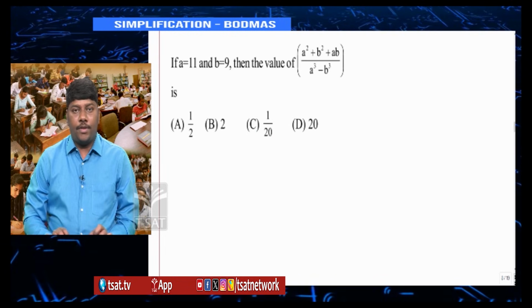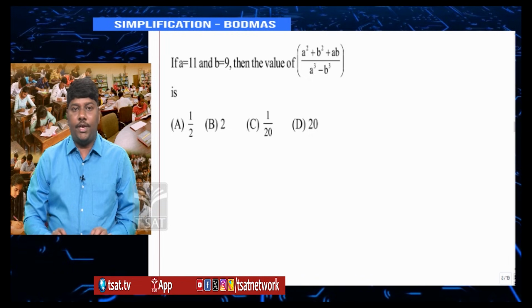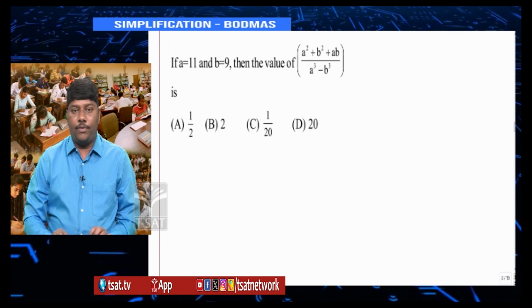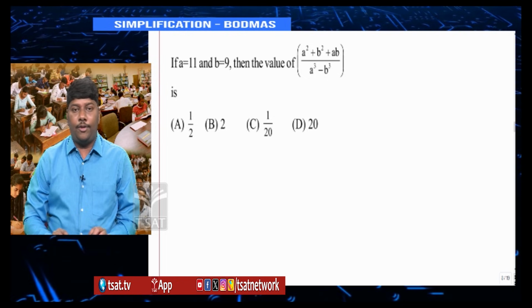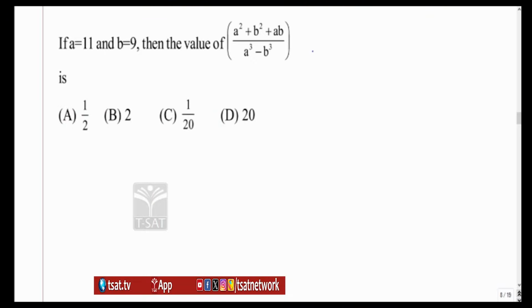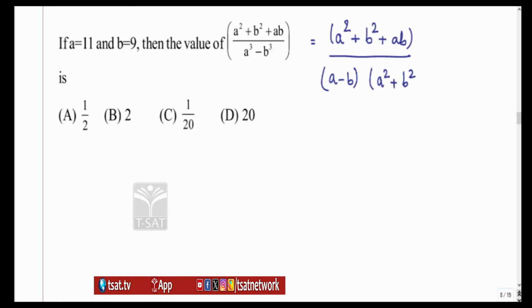Look at this sum. Here a is equal to 11 and b is equal to 9. Then what is the value of a square plus b square plus ab divided by a cube minus b cube? So, how do we write a cube minus b cube? We write a cube minus b cube as a minus b into a square plus b square plus ab.